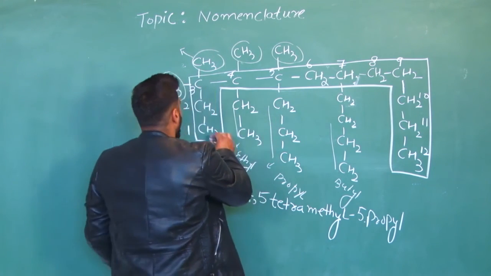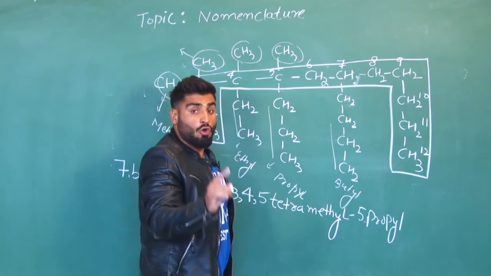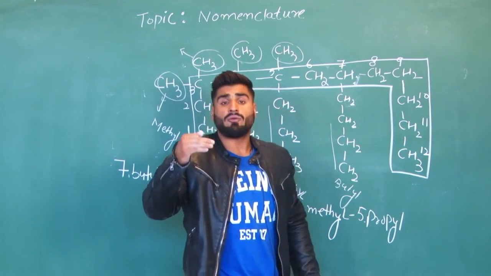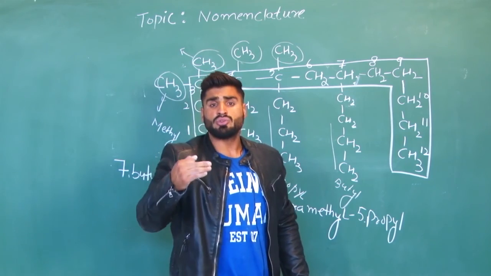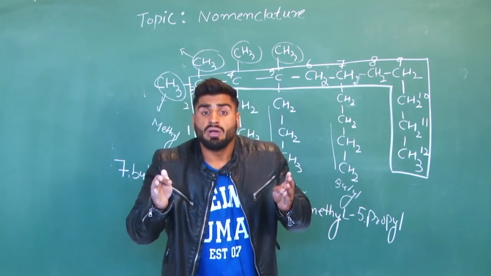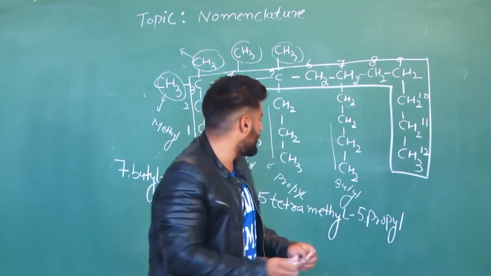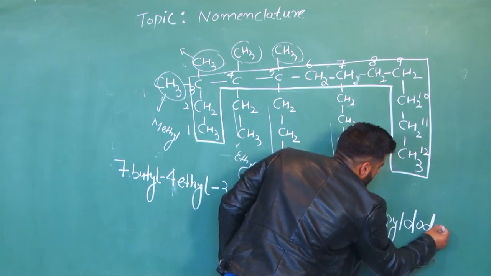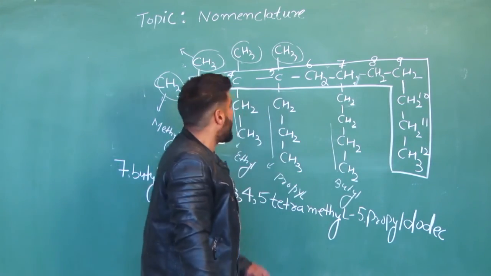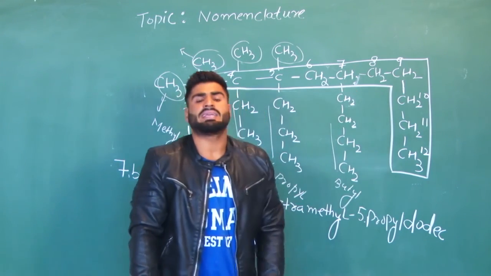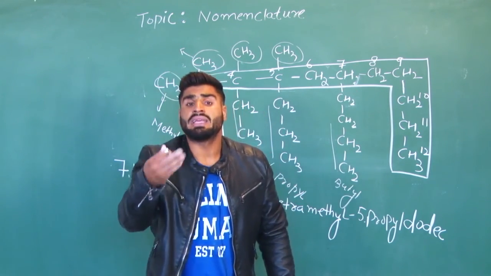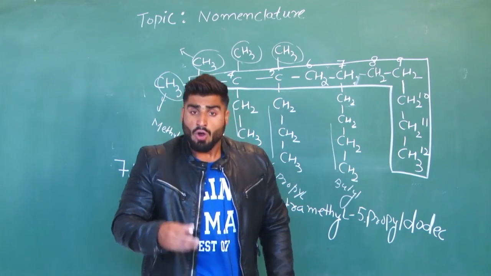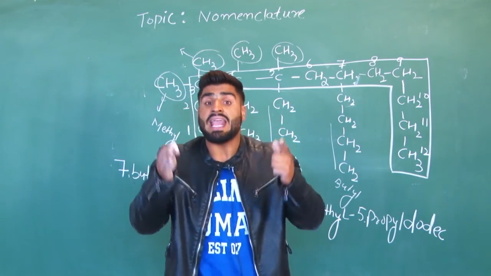Now the root word. How many carbon atoms? 12. For 12 carbon atoms, I have already discussed it: we use the root word dodec. So I'll write dodec. And we have only single bond linkage. For single bond linkage, we use the primary suffix ane.